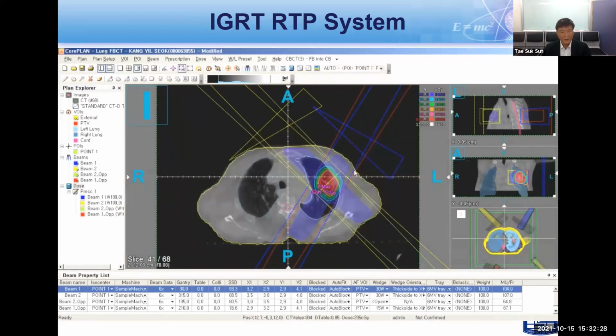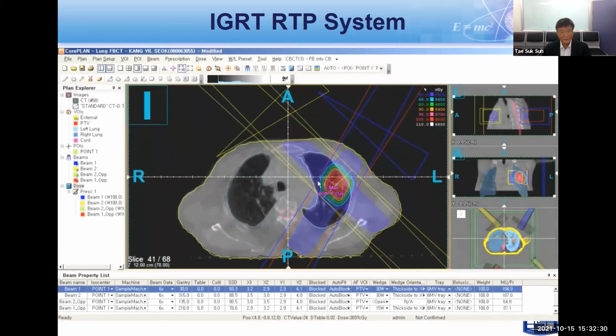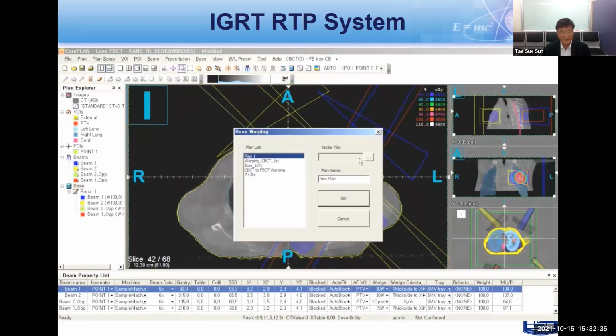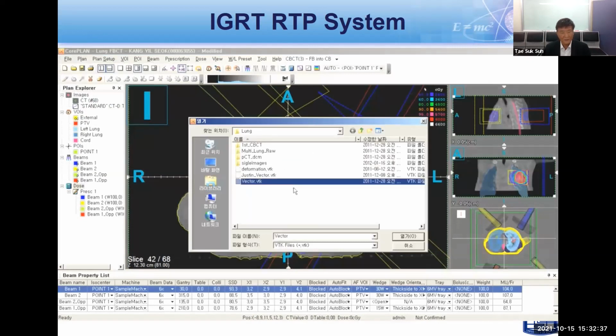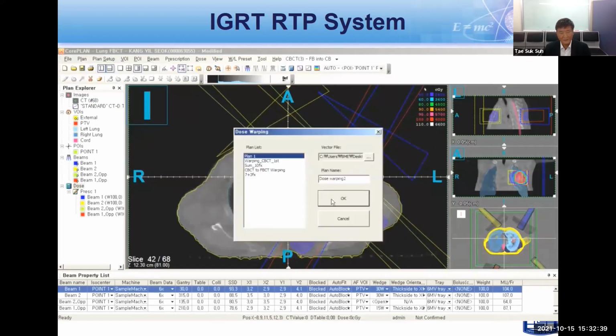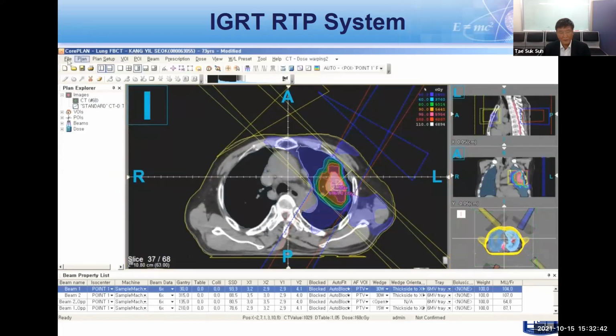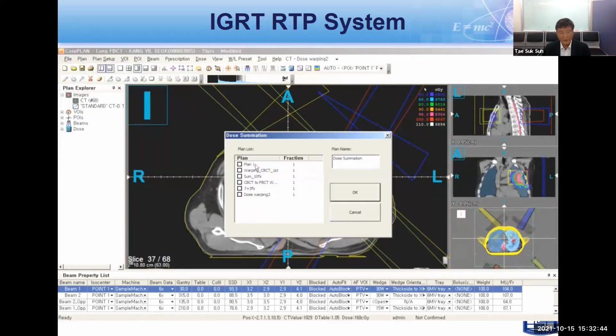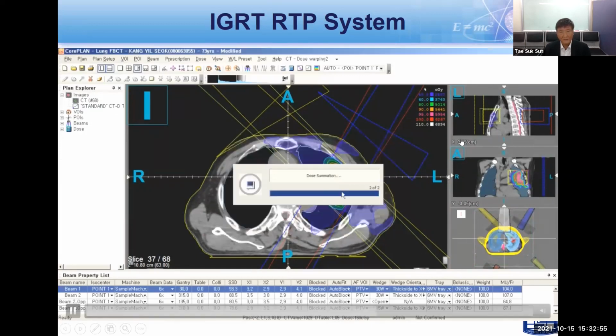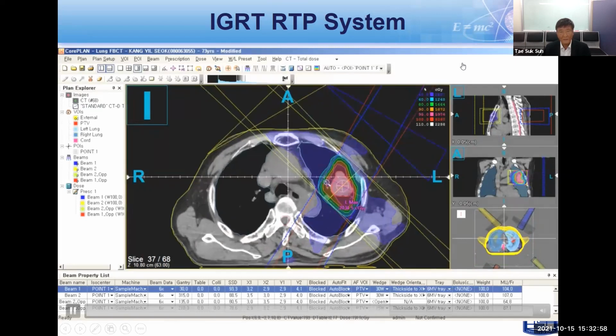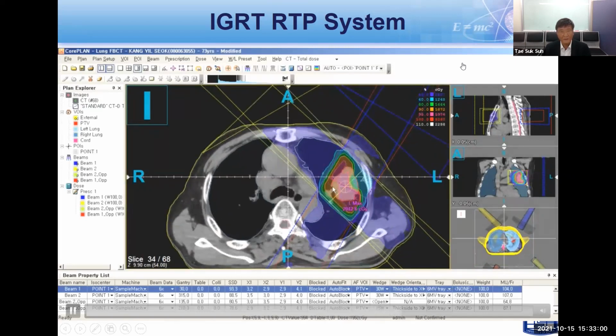We compared our plans from this system with the recently commercialized RTP system for the clinical studies. Also, we have tried to implement AI and big data to investigate the possibility of AI-based RTP system. So this system is very good for the research.